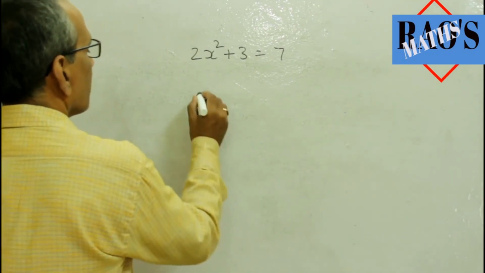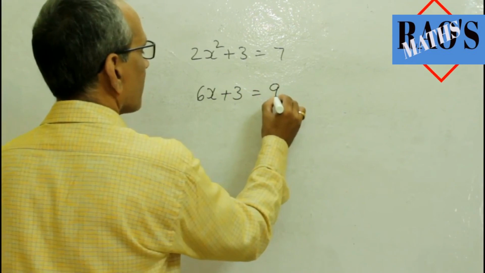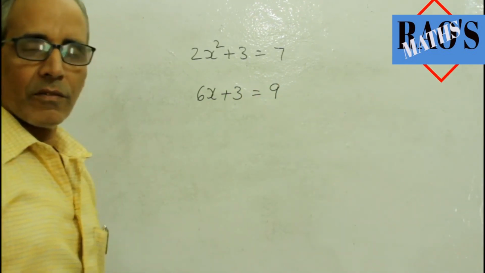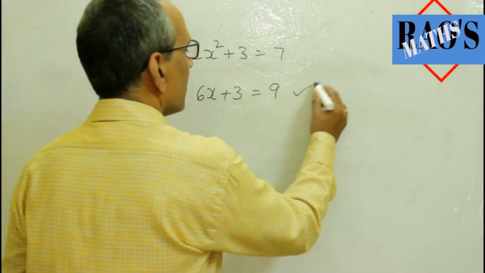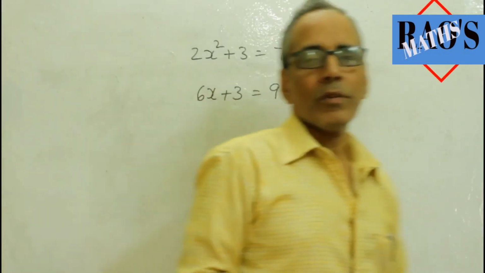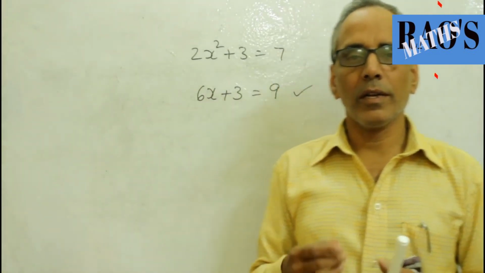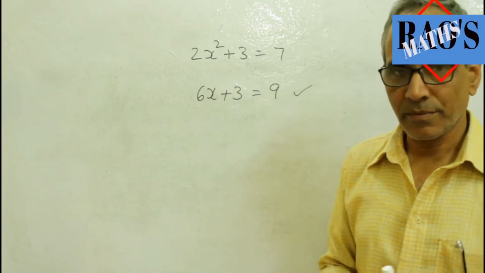And see this next one, 6x plus 3 is equal to 9. And here the variable power is 1. So this is called a linear equation. So in this chapter we study how to solve a linear equation of one variable, not two variables.